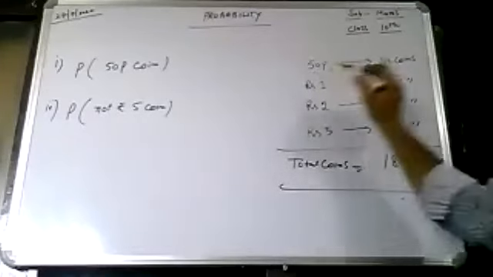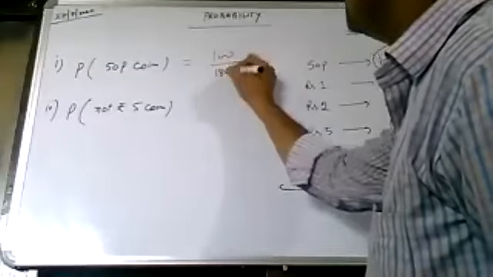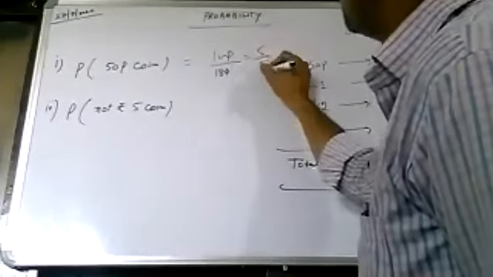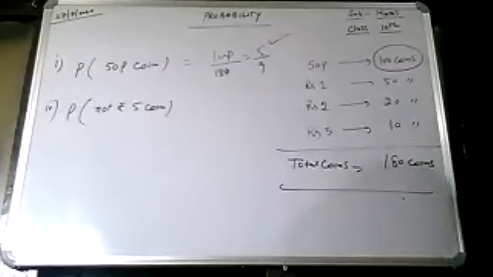Okay. So first part is probability of 50 paisa coin. What is the probability of 50 paisa? 50 paisa के coins कितने हैं class? 100. It is 100 divided by total, which is 180. 0, 2 5s are 10, 2 9s are 18. So answer is 5 by 9. Clear?